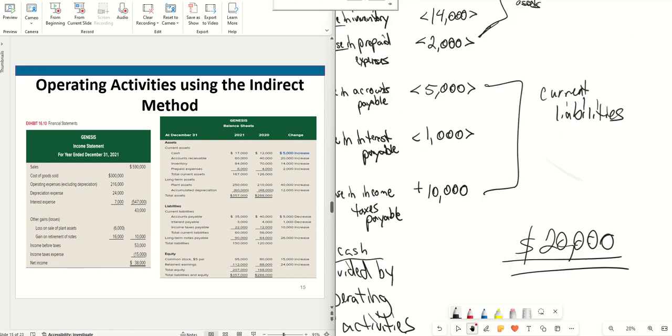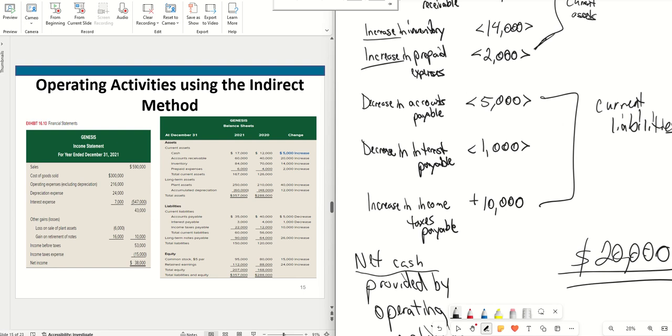Now we scroll over here to current liabilities. For current liabilities, you see that when there's a decrease in accounts payable, you are going to subtract from the net income amount. If there's an increase in a liability, you're going to add to the net income.